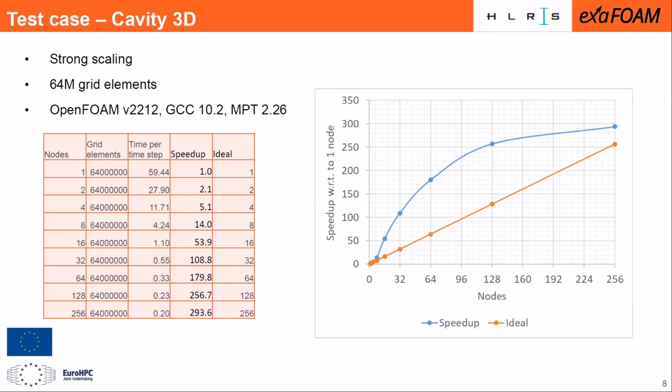And we see that we are still having superlinear speedup until 256 nodes, that's 330,000 processors, which is very unusual. We don't have a very good speedup from 128 to 256, but we're still superlinear.